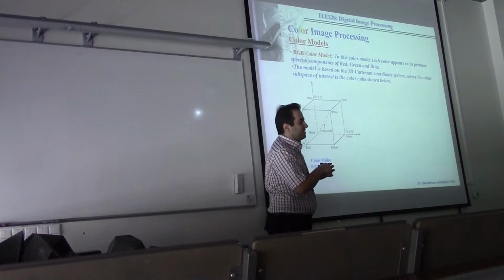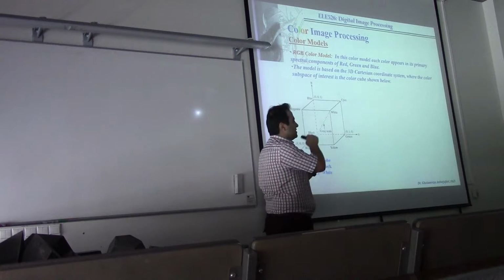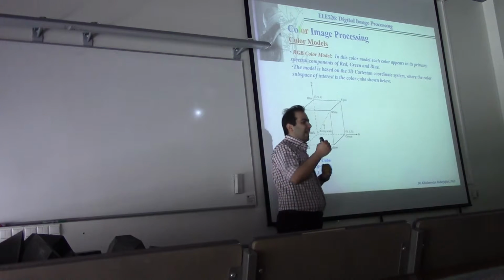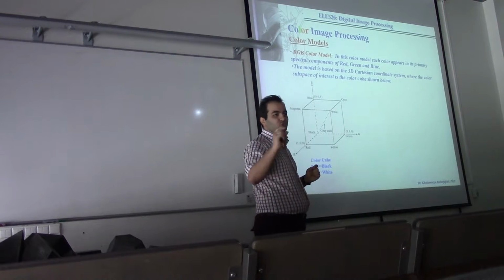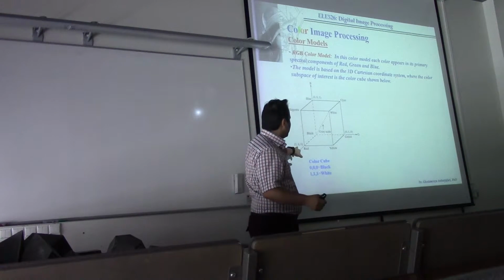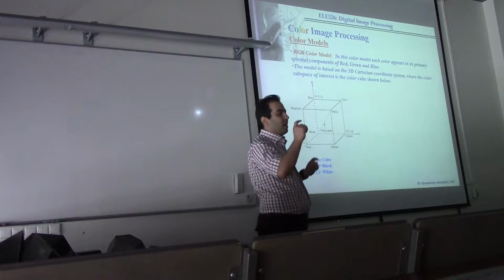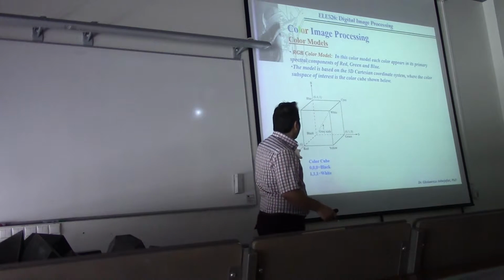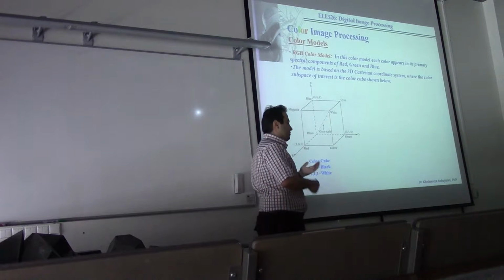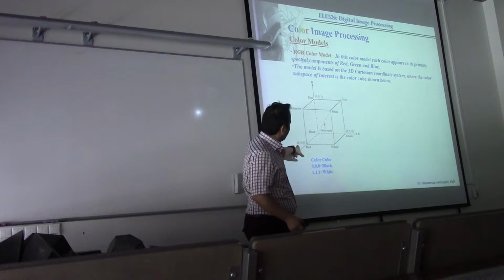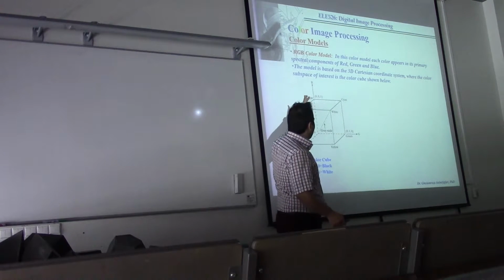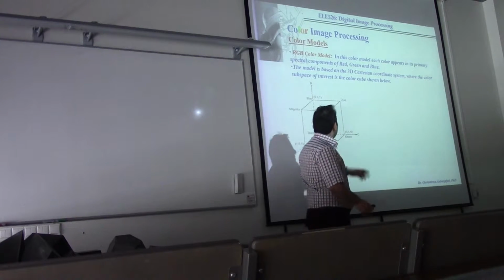We normalized it to values between 0 and 1, but you know that in an 8-bit image we have values from 0 to 255. So in this axis we have the value of 1 just for red, but before the normalization this value is 255 for the axis of red, and also for blue and green.